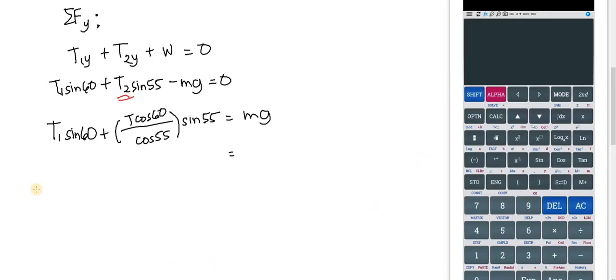Let's have the sine of 60, and that is 0.8660.